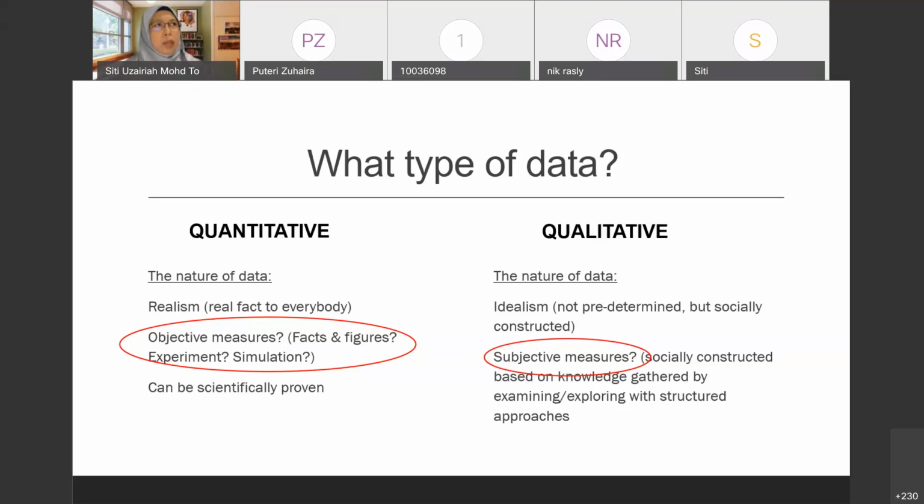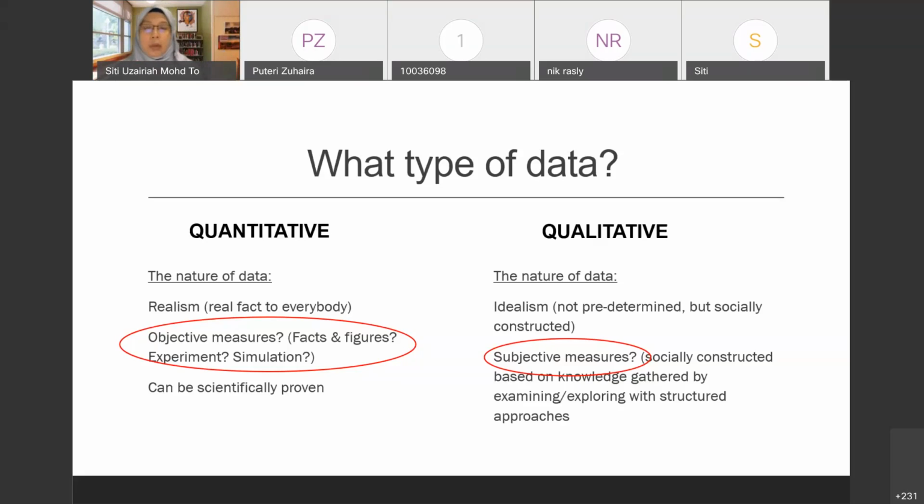COVID-19 was not happening before, so you don't understand why, maybe, people find it hard or are not really involved or participating during a virtual conference, for example. So you need to understand their experience. Exploring, examining, understanding an in-depth situation is a subjective measure of data. So it is the qualitative type of data.